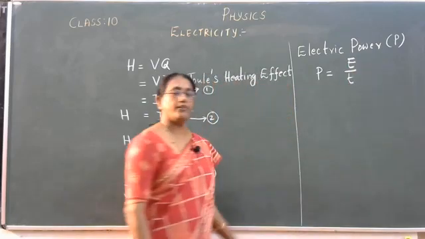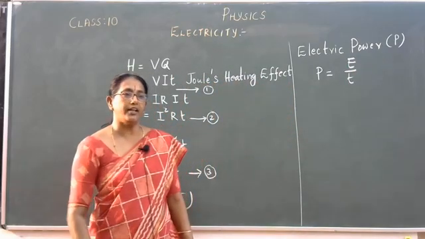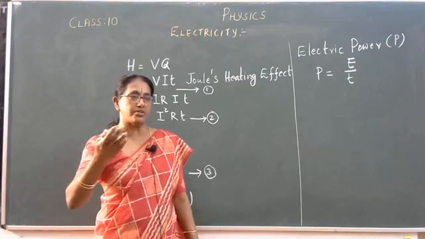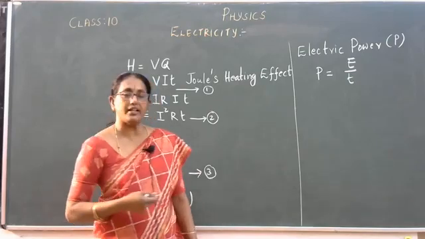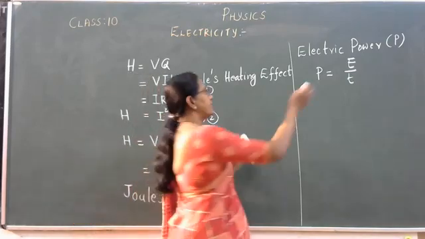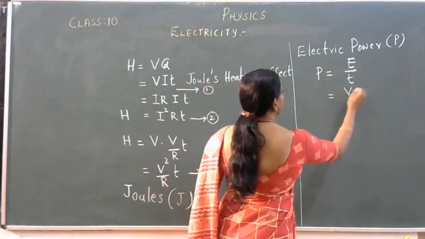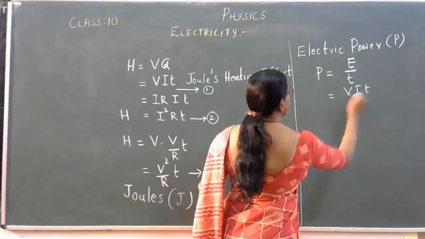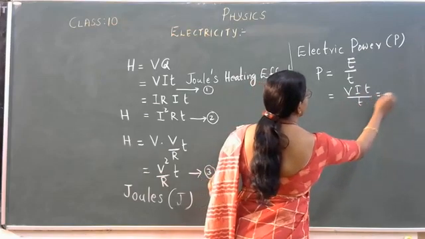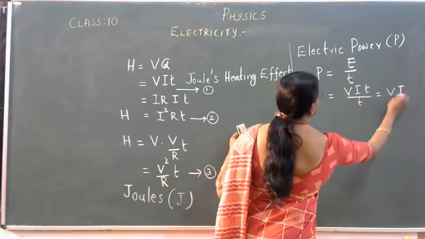A rate of consuming energy. Rate of energy used, so that can be denoted as the power. And since E is equal to VIT here, we can take it as VIT by T. Therefore power is equal to VI.